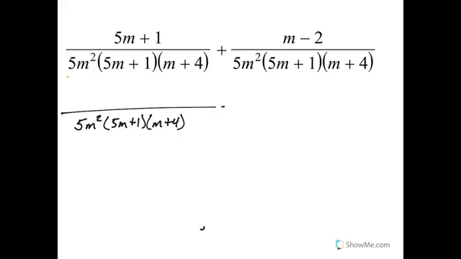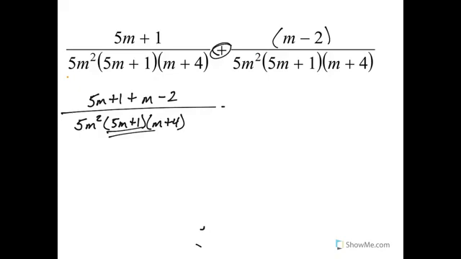Now, my numerator, if this was a negative sign, it's very important that you put parentheses. A plus sign, it really doesn't matter. So here we have this. And some people are probably thinking, now we can cancel this 5m plus 1.